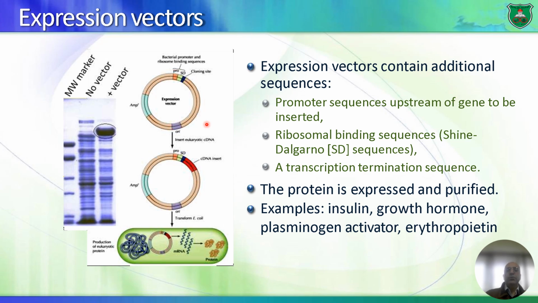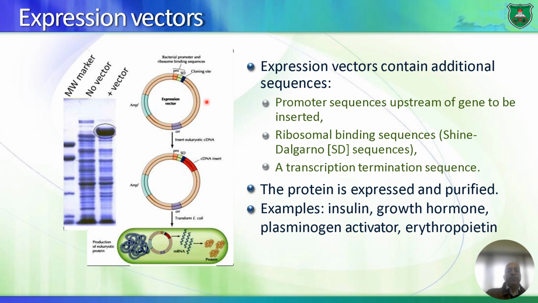But here we want to express a human protein, starting with human messenger RNA that is already spliced. So we convert the messenger RNA to cDNA, and then we clone the complementary DNA into an expression vector.